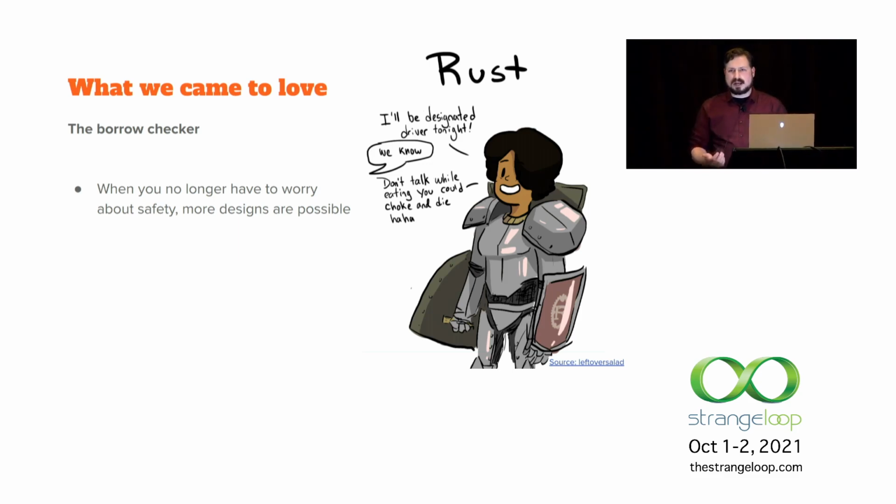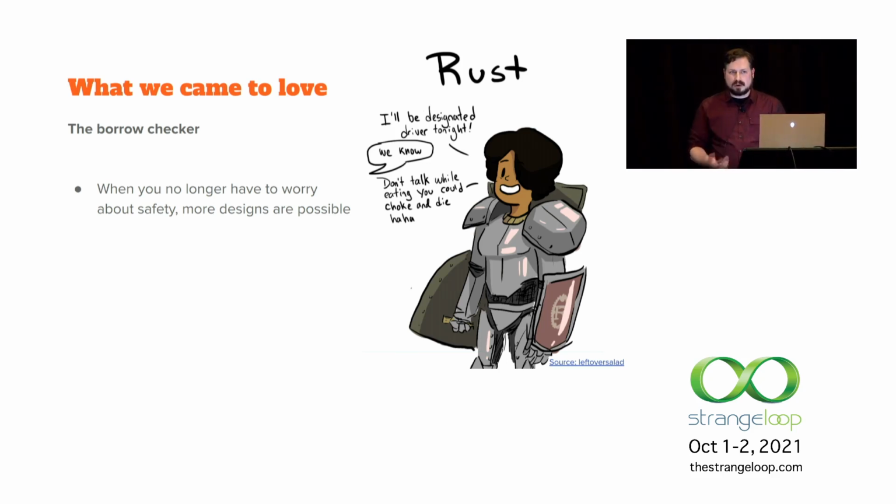That's a huge time sink, and you spend a lot of time thinking about it. I was really looking forward to working in Rust where we just wouldn't have to think about it. But what I didn't anticipate was that not only would it save us that time, but it would change the way that we wrote code.